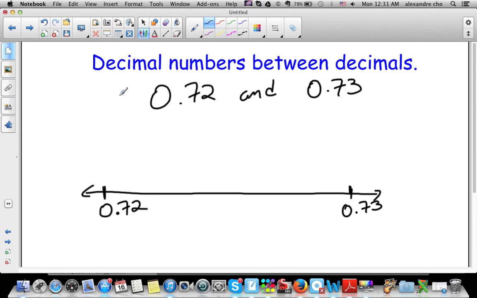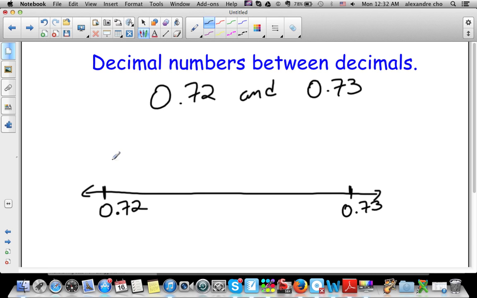So here are two decimals, 0.72 and 0.73, and I'm asking you to come up with, let's say, 3 other numbers that are between 0.72 and 0.73. And how are you going to do that? I drew a number line at the bottom, and you can obviously tell here that there's a big space in the middle. Okay, and there are numbers between these two.